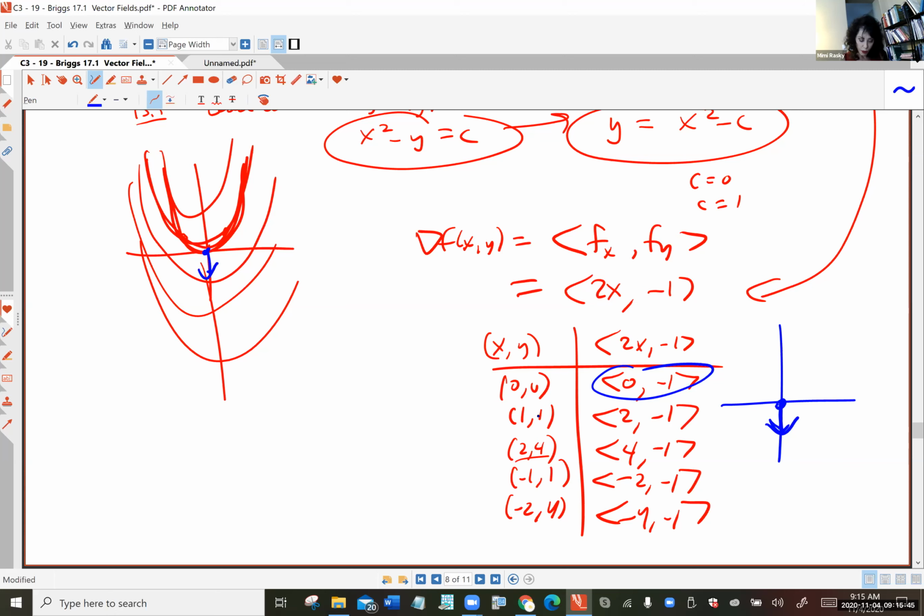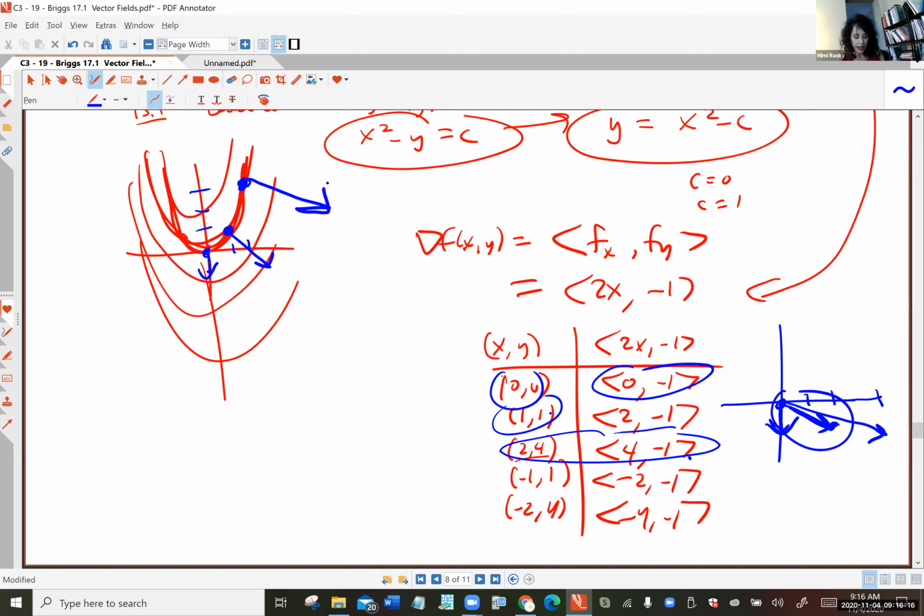Now for (1, 1), if you graph (2, -1), it'd be right here, and that is associated with the point (1, 1) on the parabola. You want to graph that guy like that. He's a little larger than the previous guy. And then the point (2, 4), which on the parabola is up here, his vector is (4, -1). So he's way out here.